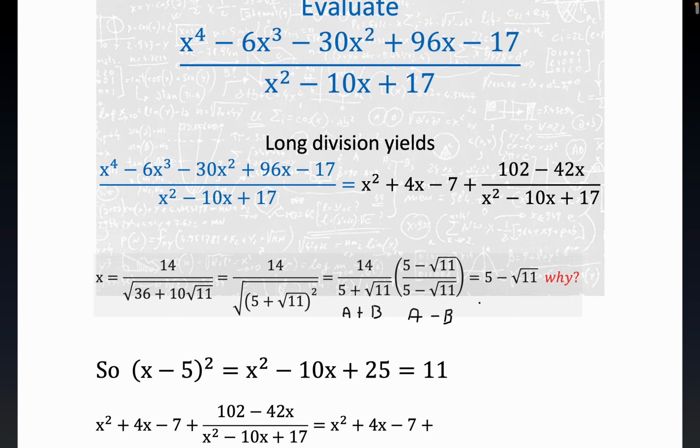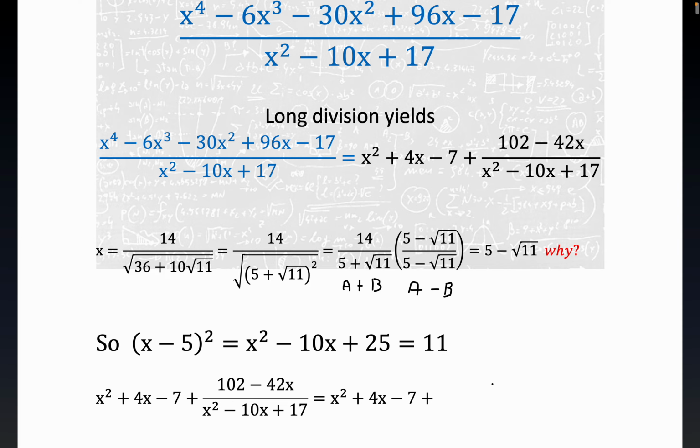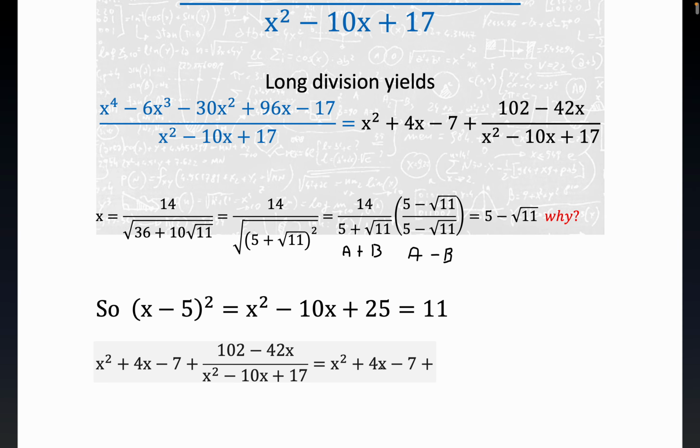If you subtract 5 from both sides and square, you see x minus 5 is what I've written down right here. And when you square it, you square minus the square root of 11, which gives you 11. So this is pretty favorable because we know that x squared minus 10x plus 25 is equal to 11, but we need to know what x squared minus 10x plus 17 is.